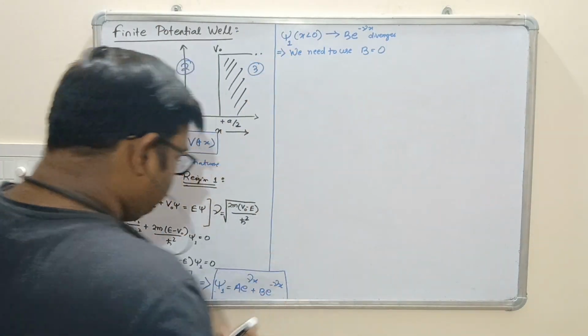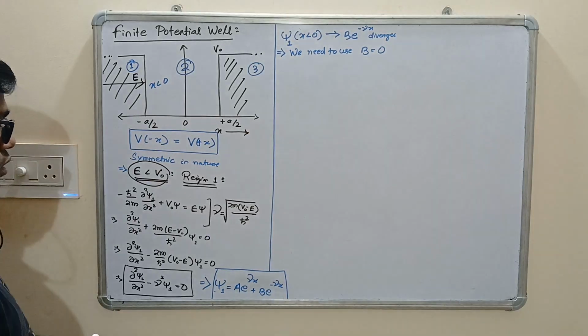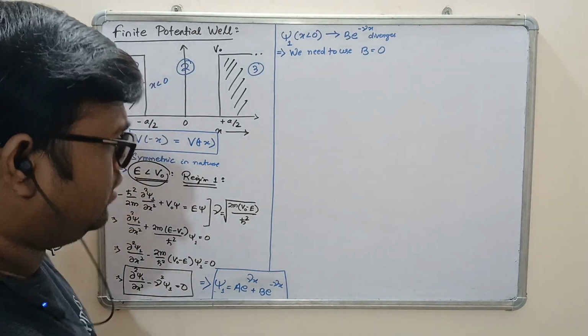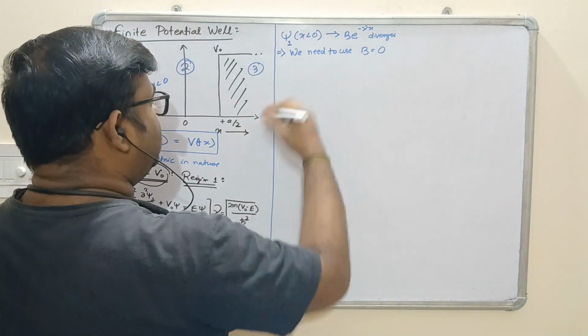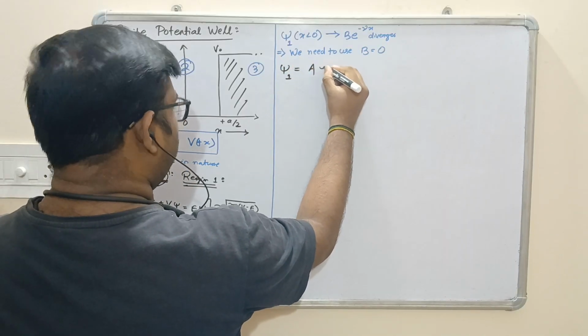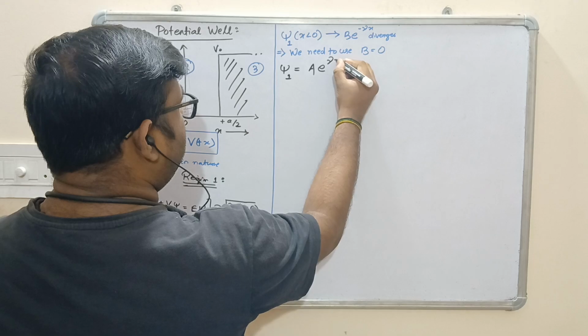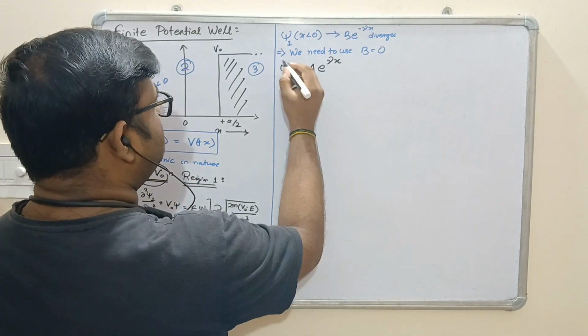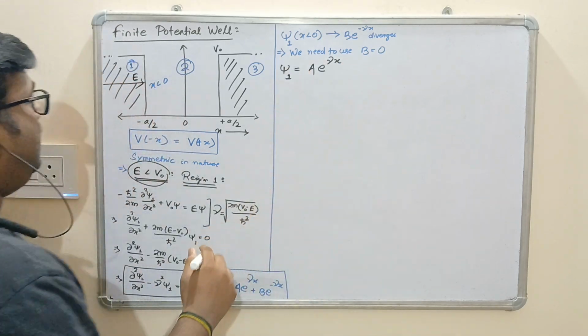Now take b equal to 0, and that will mostly solve our cases. Now psi 1 becomes a e to the power nu x. This is psi 1.